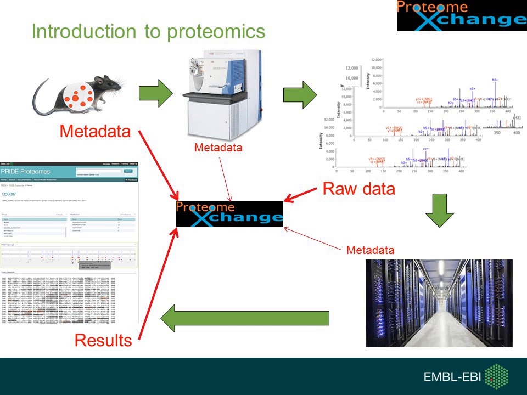We basically ended up not getting the data. And one of the reasons was that people said the metadata is too complex. And so we have, for ProteomeXchange, significantly scaled back the metadata requirements. And since then, at least, we get very significant amounts of data.